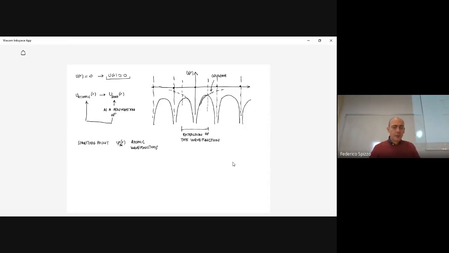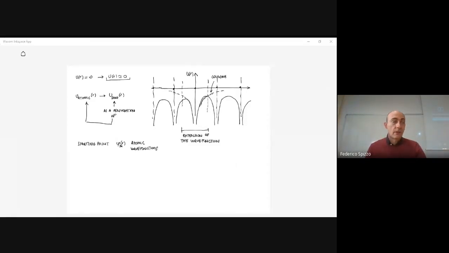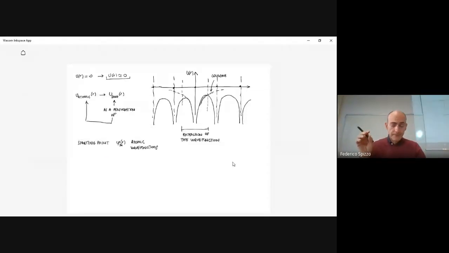So the idea is to use as a starting point the atomic wave functions. So the starting point is the atomic problem, due to the fact that in this case, the starting point of the calculation is not the free electron picture, but is the atomic picture. And atomic picture means that the electron is strongly bound to the ion.